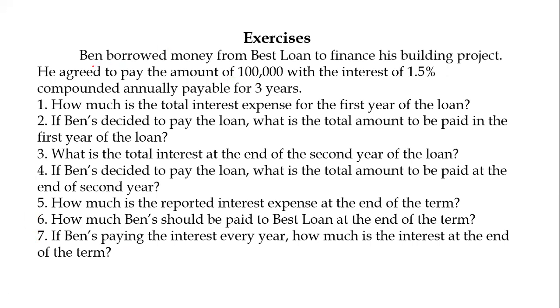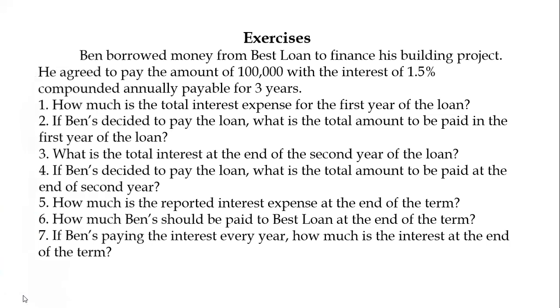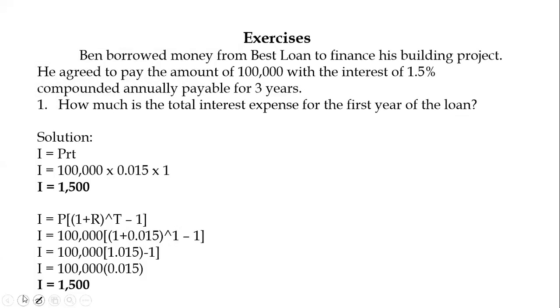Assume Ben borrowed money from Best Loan to finance his building project. He agreed to pay the amount of 100,000 with the interest of 1.5% compounded annually payable for 3 years. Okay, first question, how much is the total interest expense for the first year of the loan? Okay, so this is the solution.